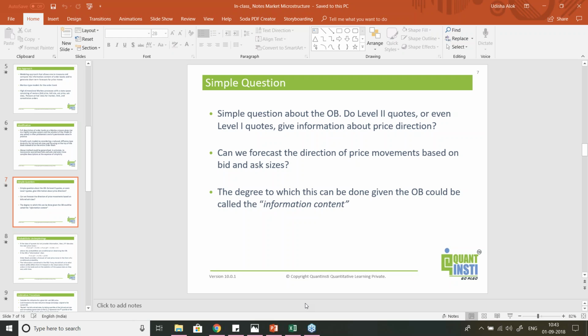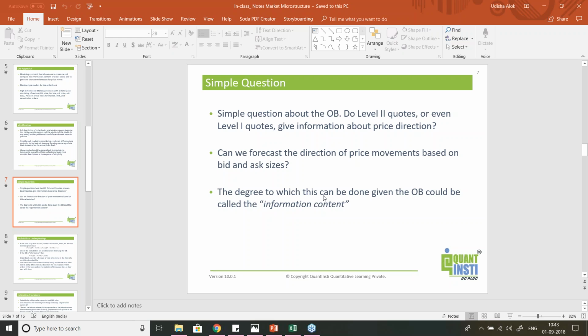So how do you actually know that your algorithm is doing well, or whether it is going to be profitable or not? That would depend on the probability of your prediction. If you are able to make a prediction with at least 50% accuracy using the order book data, then you can say that your order book has some kind of information in it.